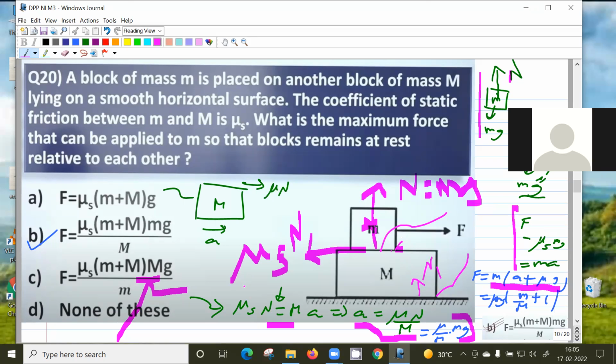The limiting friction force is mu static into the normal reaction, basic, right? This is how the friction force will vary: it will increase, and the maximum limiting value is mu s into N. After that it will decrease and become mu k into N. The friction force is a variable force. So for the maximum friction force, I have to see how it compares with this F.